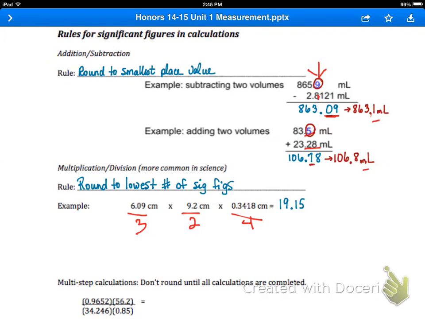My answer cannot be more precise than my least precise measurement. In that case, it's the 2. So when I punch this into my calculator, I get 19.15, but I've got to round that to just 2 sig figs. And when I do that, I have to report 19. Now I'm also multiplying centimeters times centimeters times centimeters, and that's going to give me centimeters cubed.